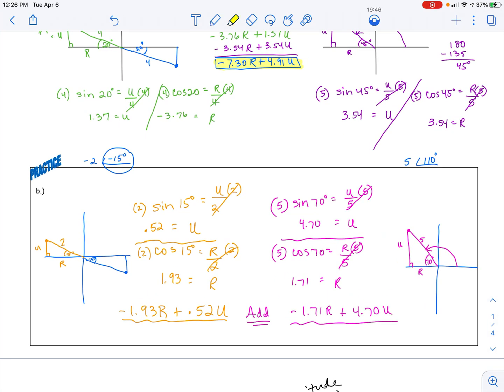So right below that, I'll put it back in blue. If I add these together, you should put them on top of each other, but what you're going to end up with for your answer is negative 3.64 right plus 5.22 up.